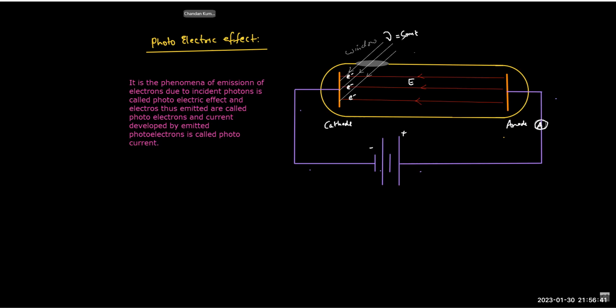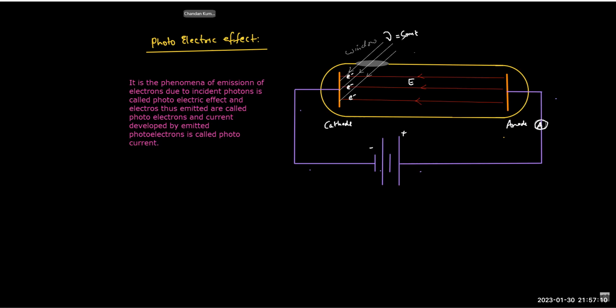It is not the number of photons received by the surface, rather it is the amount of energy carried by one single photon that matters. If that energy is sufficient to eject, it will eject. If it is not sufficient, it will never eject. Understood? Yes, sir. So that was the purpose of the photoelectric effect: simply to understand the particle behavior of light, and that is what we are studying here.